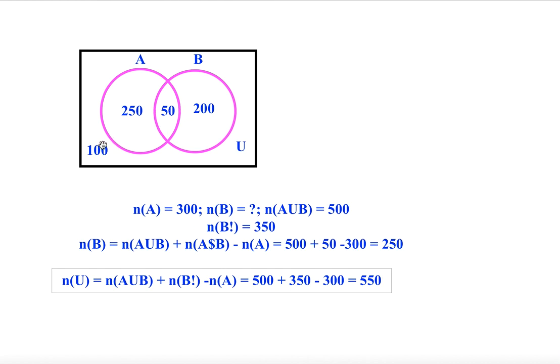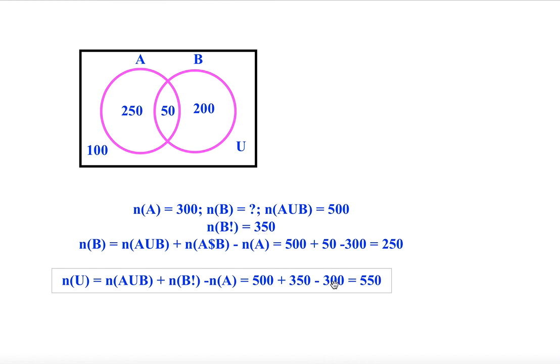I know that this plus this must give me N of U. So this is 500 plus this is 100, so that is 600 naturally. So this must be equal to 600. So where did I go wrong? Oh, here I went wrong.